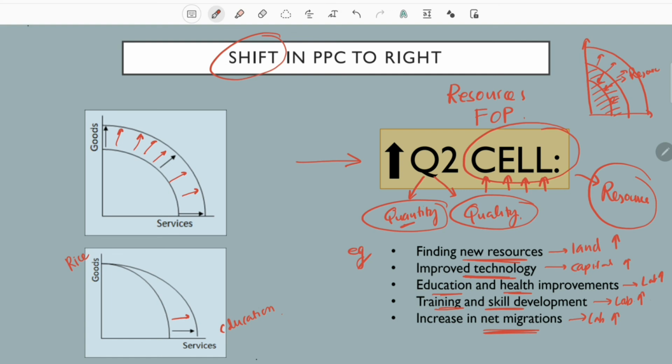In that case, let's assume the training and development given to the teachers would increase, or there is a new training program being given to the teachers. So the improvement in the labor would only affect the educational sector. So the curve will only shift to the right from the education side, but not from the production of rice side. So this is the way to show the shift in the PPC curve to the right.